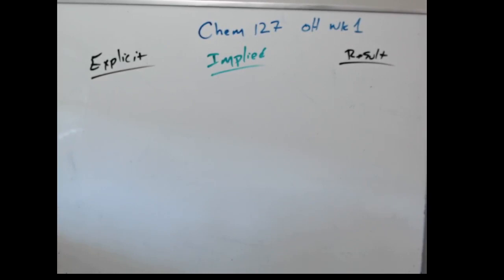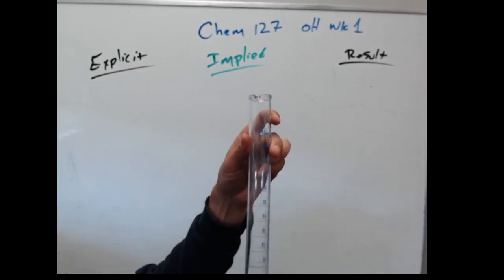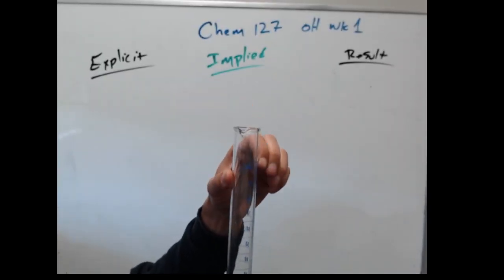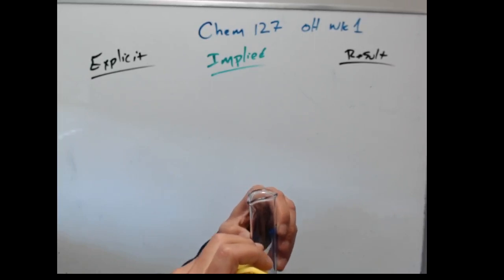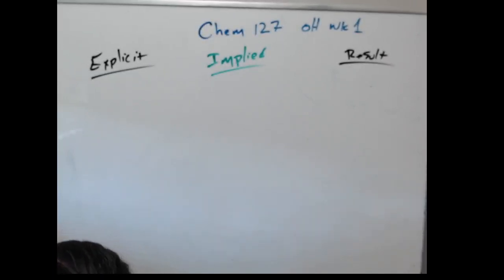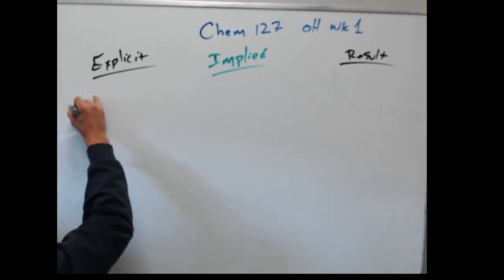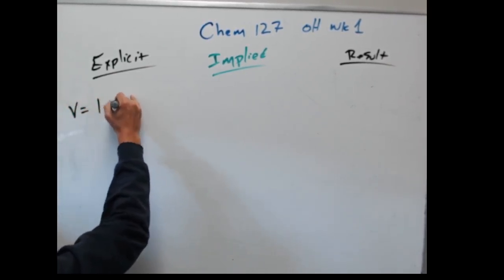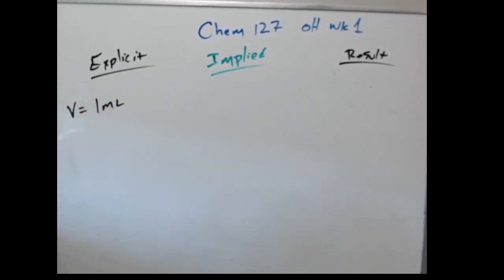We can do even better than 100 milliliters. 100 milliliters would be the whole thing. We just want to find one division. It's just one milliliter. Right? So it turns out we know explicitly we want a volume of 1 milliliter. We know that.